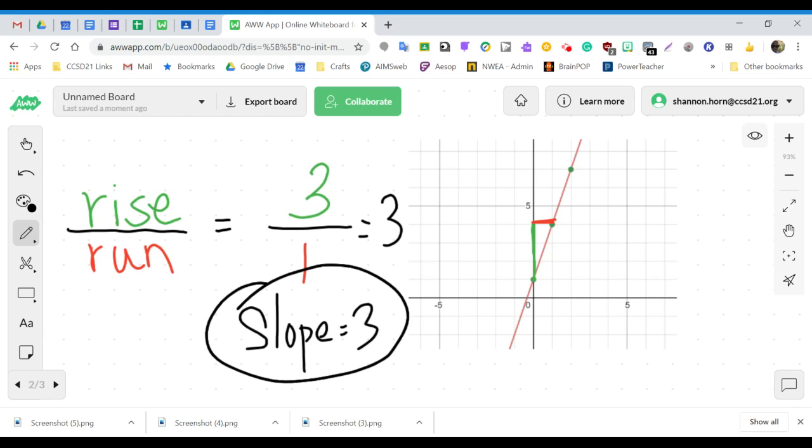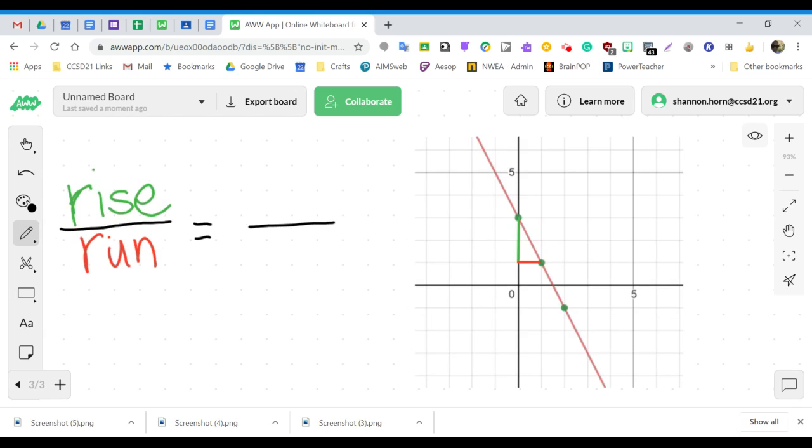Okay. And the final one, my rise. Now, in this case, if you look at the way this line goes, you should automatically see that from left to right, it goes down. So I know it's going to be negative. But the other way that I know that it's negative is instead of going up on the rise, I'm going down 1, 2.